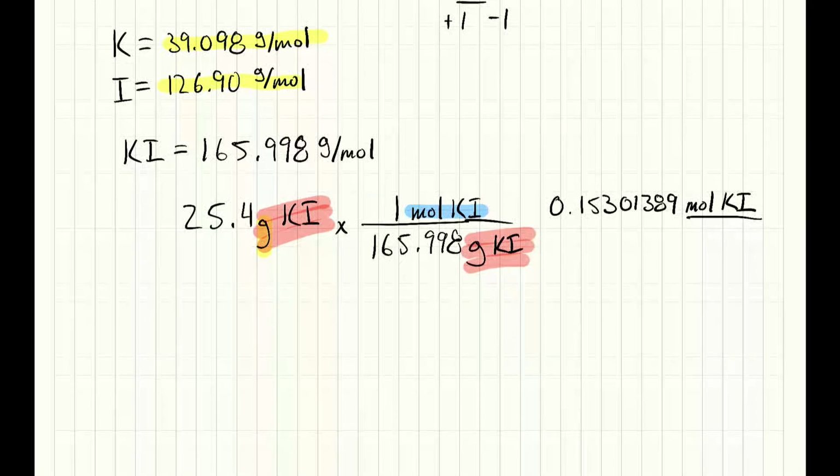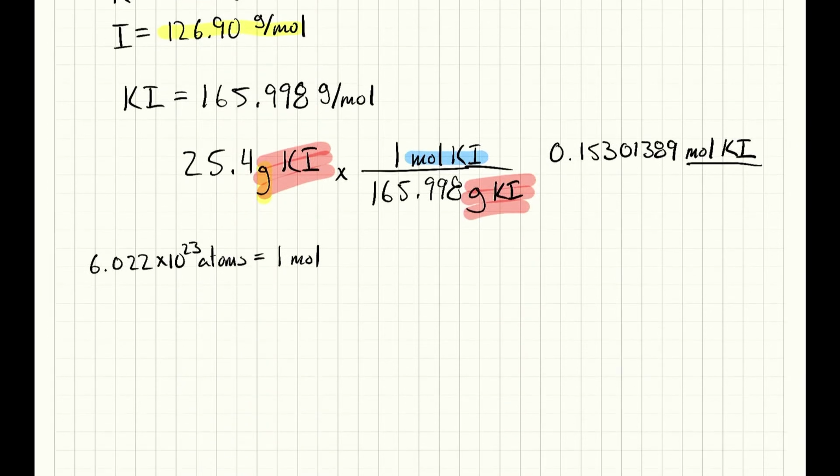To convert between moles and atoms, 6.022 times 10 to the 23 atoms is equal to 1 mole, or we could say 6.022 times 10 to the 23 atoms per mole.